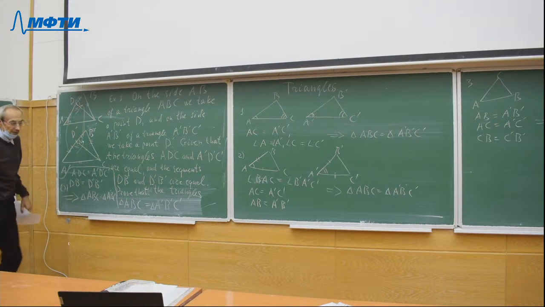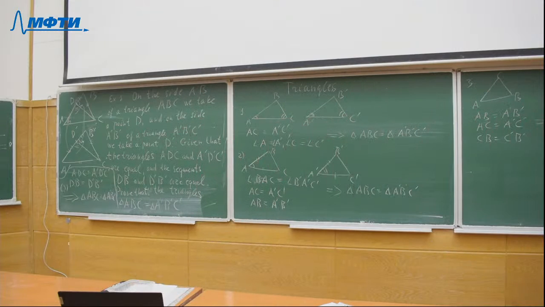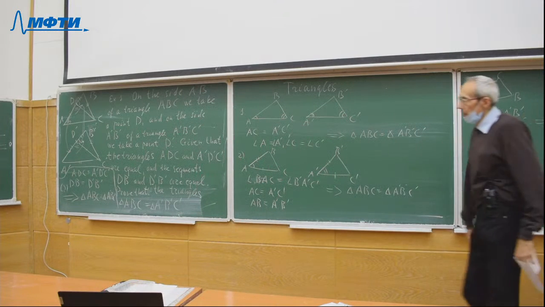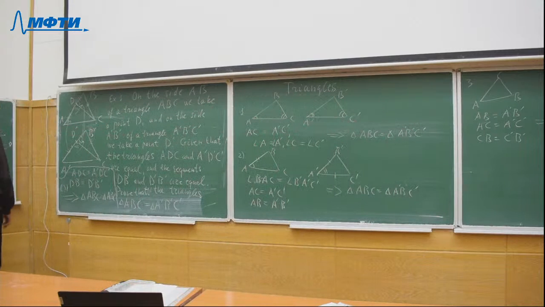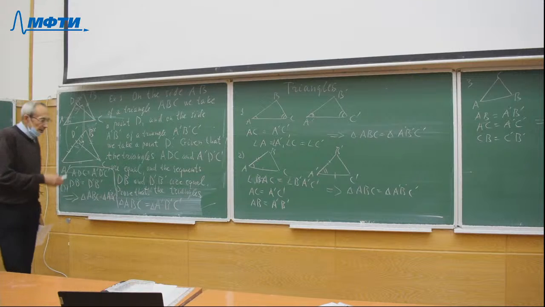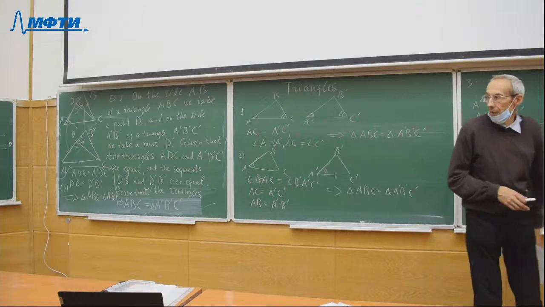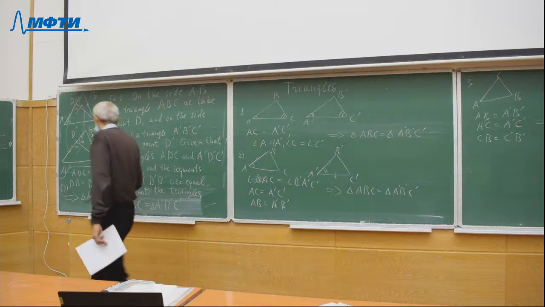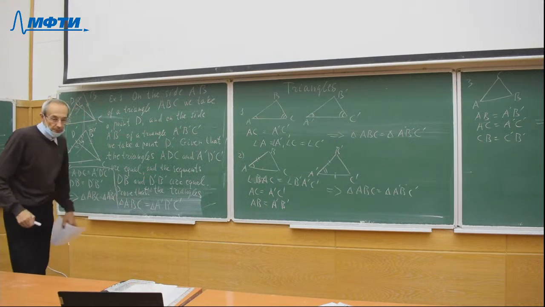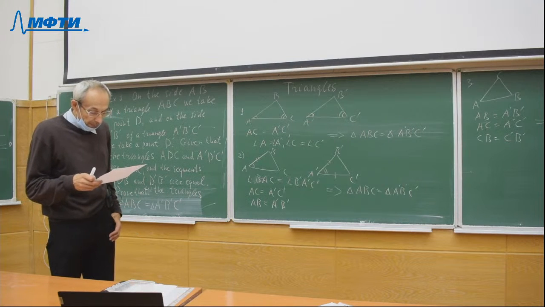And after that we use property 2 and after that property 3. It's a simple exercise. More exactly, it is maybe only an example of how to apply these properties to solve such a simple problem.